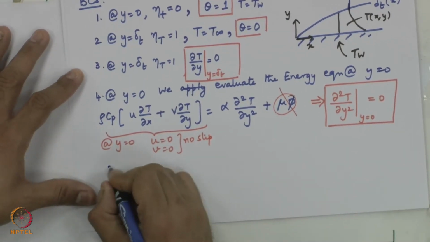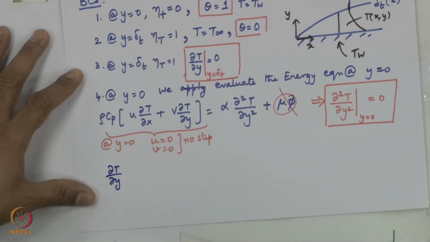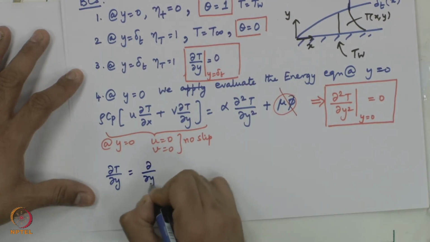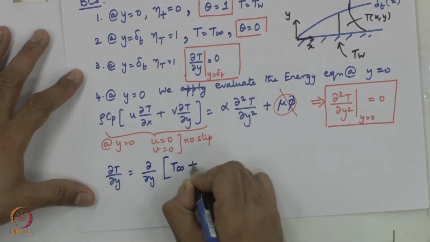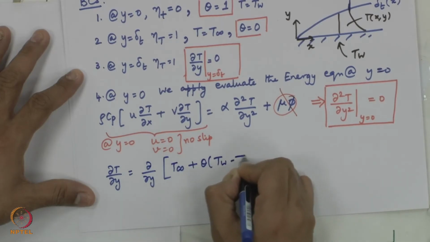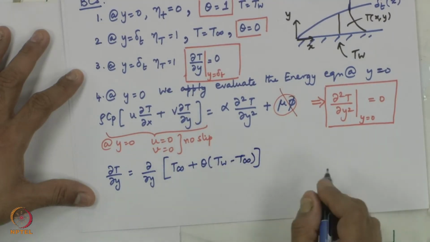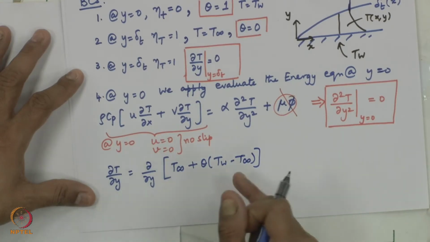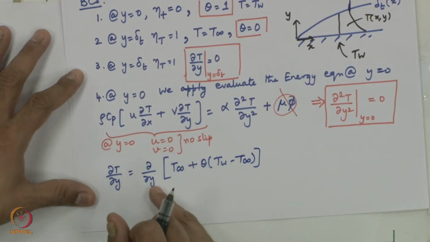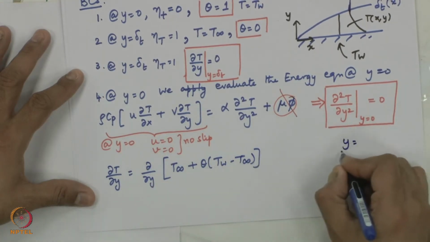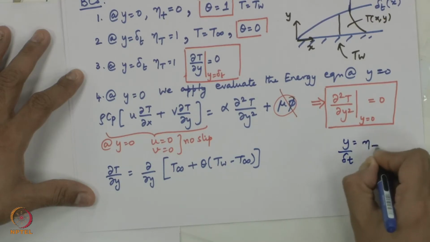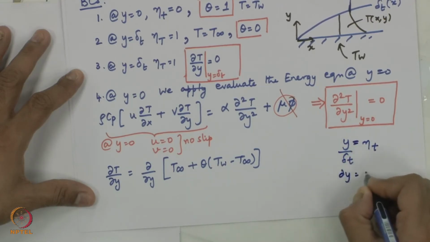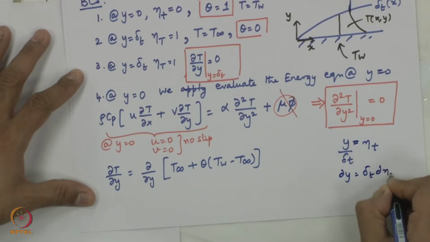So, I evaluate dT by dy. dT by dy has to be evaluated as d by dy of T infinity plus theta times T wall minus T infinity, and if you do the maths, dT infinity by dy will be 0, and you change y by delta t equal to eta t. So, dy is equal to delta t d eta t.